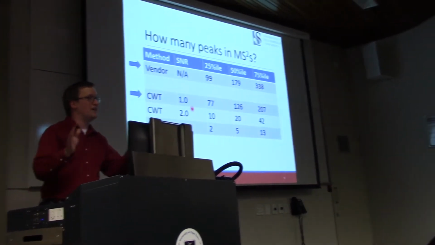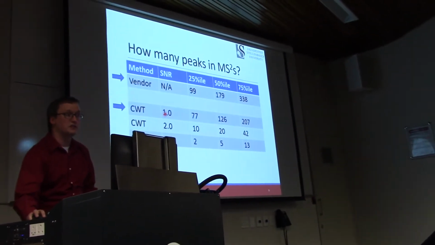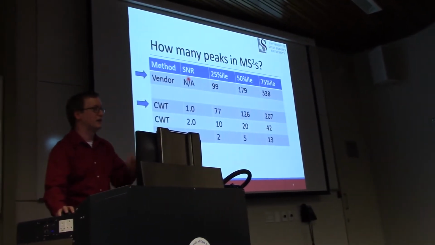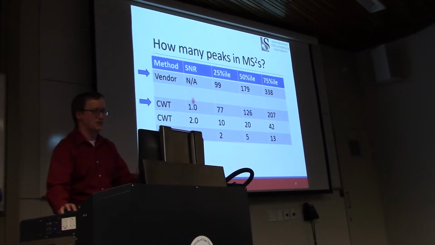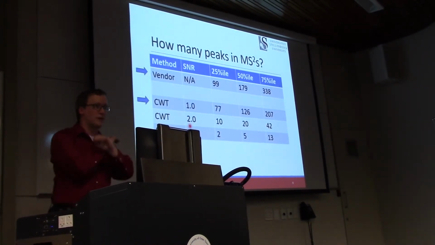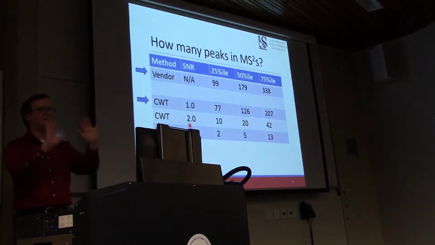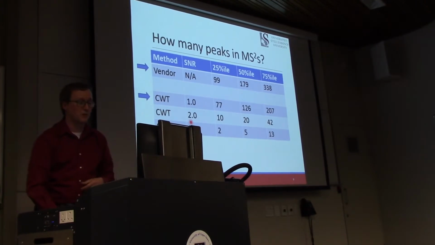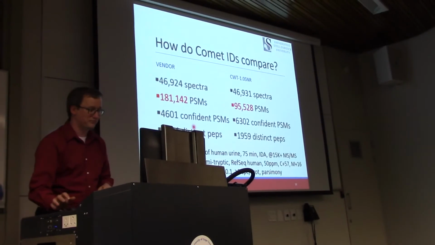But in general, I felt that the numbers from the signal-to-noise 1.0 were similar enough to what we see from the vendor peak picker that I could still do successful identifications. As soon as I allowed that signal-to-noise ratio to increase, the number of peaks dropped way off, and I thought to myself, I don't want to do that. I don't want to take away the signal against which I'm trying to identify.